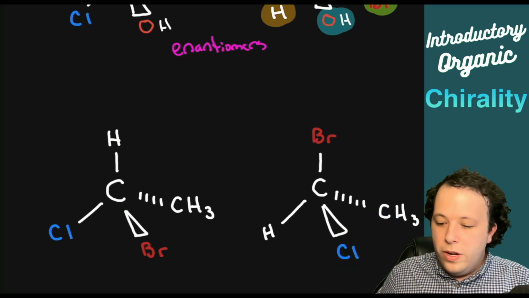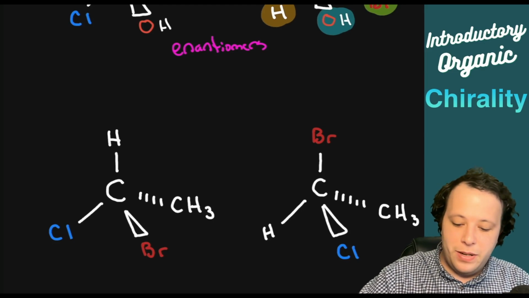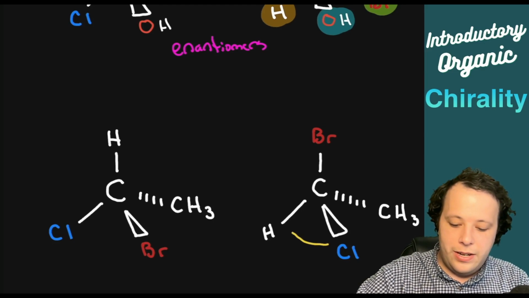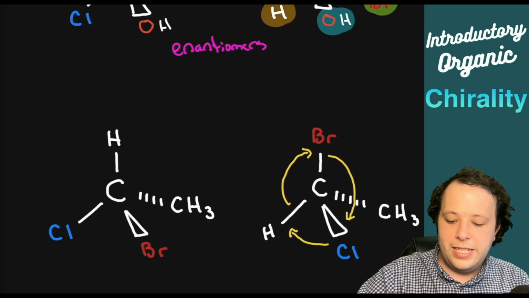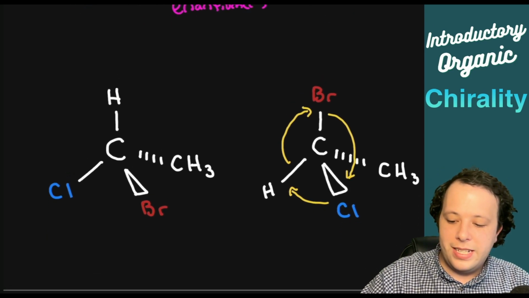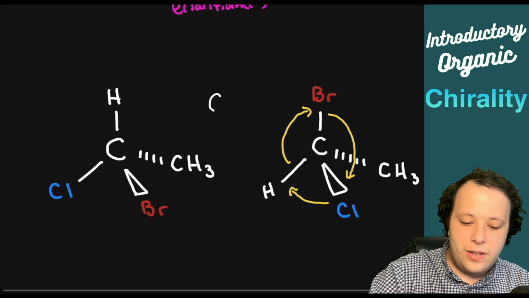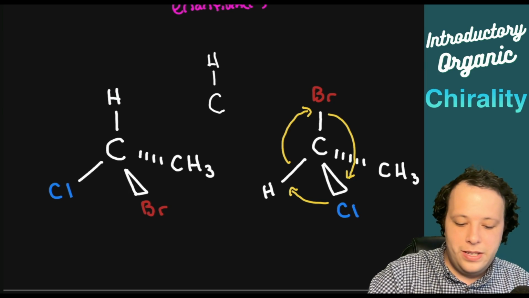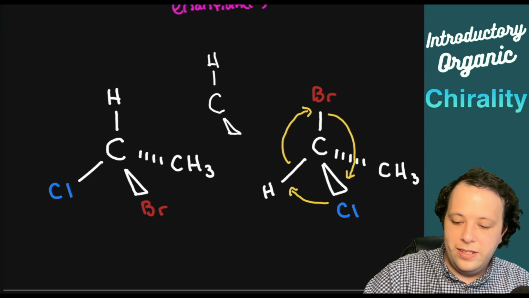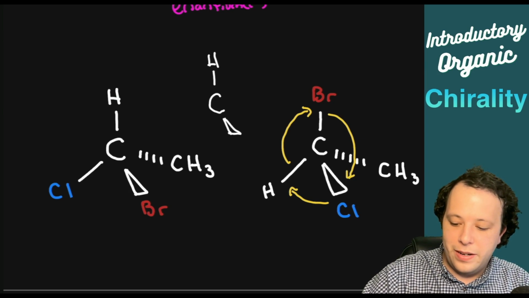So one thing that we can actually see with this molecule is, let's say I rotate each of these positions around like it's a pinwheel. And what does that exactly do to the structure? Well, if I do that, how's that going to change? I will have a CH3 on top. I'll have my bromine all of a sudden on the bottom.